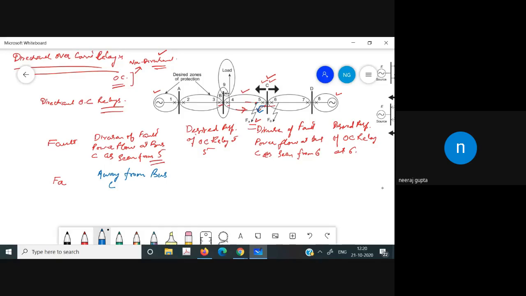When the fault takes place, the power will flow to that fault, and as seen from 5, the power will move in this direction because 5 is here.